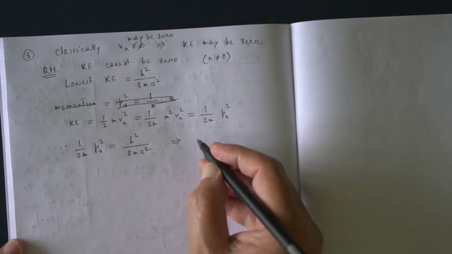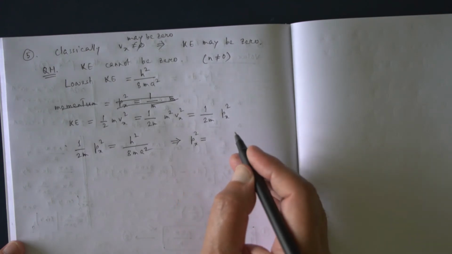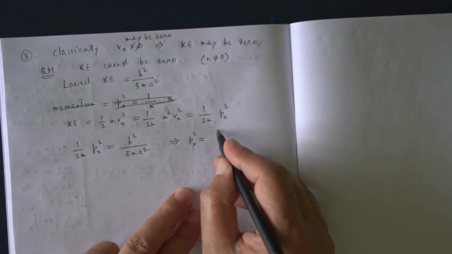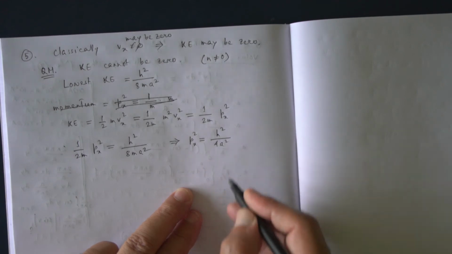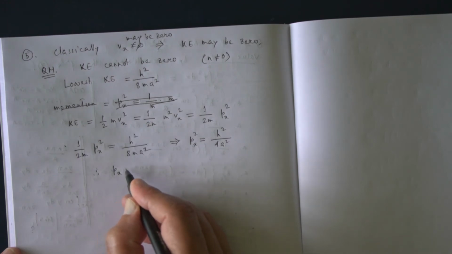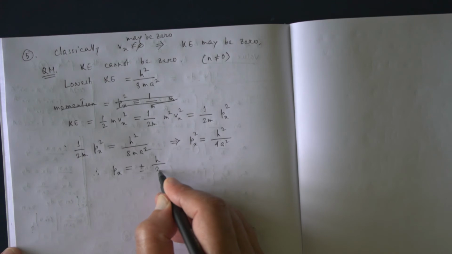So from this, px square equal to h square by 4a square. So px equal to plus minus h by 2a.